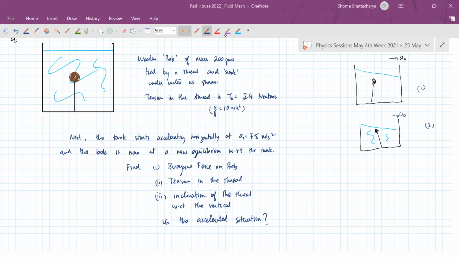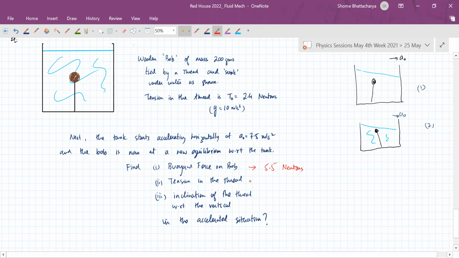Okay, I'll just start by giving you the answers. So buoyant force on the bob should be 5.5 newtons.